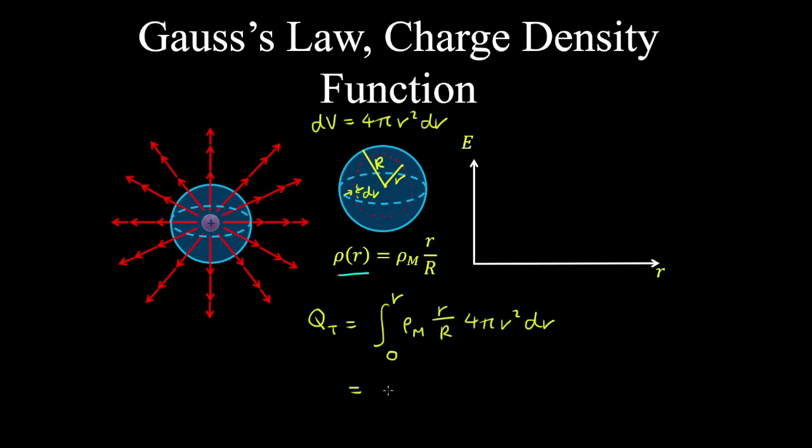So taking the constants outside the integral, I have 4 pi rho m on r, r being the radius of the sphere, and then we're integrating r cubed over r.